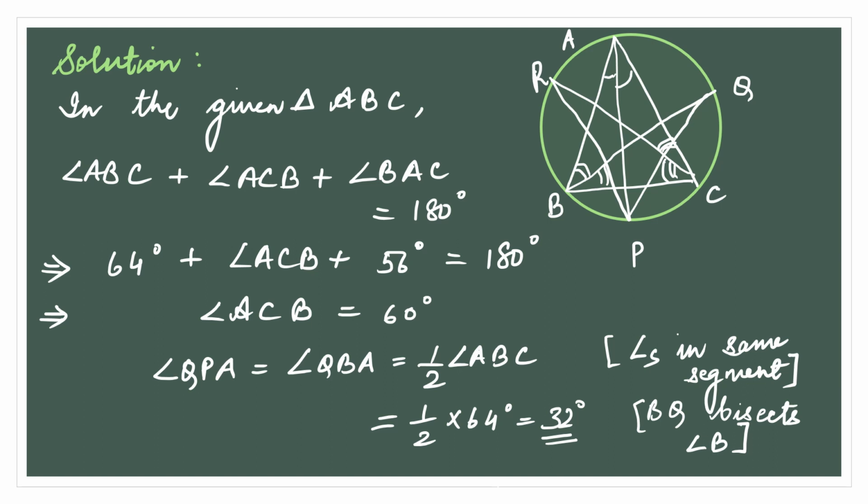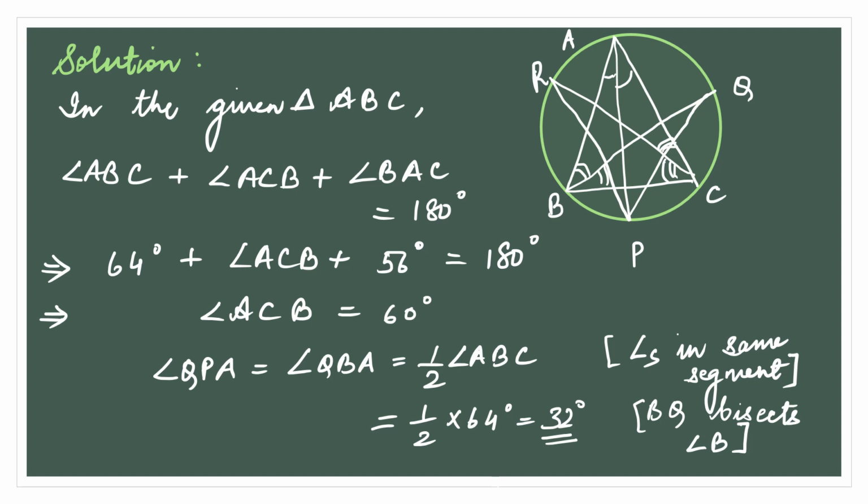This angle will be equal to half of angle C. What is angle C? We found out 60 degrees is angle C, therefore half is 30 degrees. So this was 32 degrees and this comes as 30 degrees. So the total value of QPR will be equal to 62 degrees.